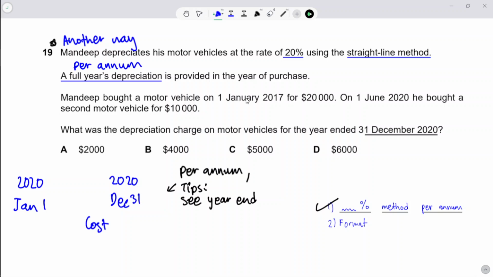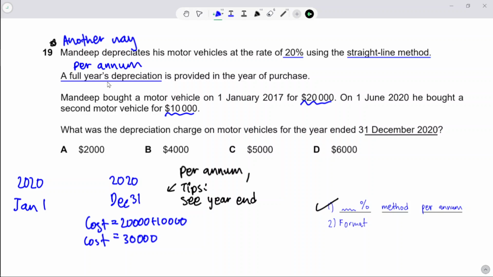At first you buy 20K, then you buy 10K. So in total you buy 30K. Okay.